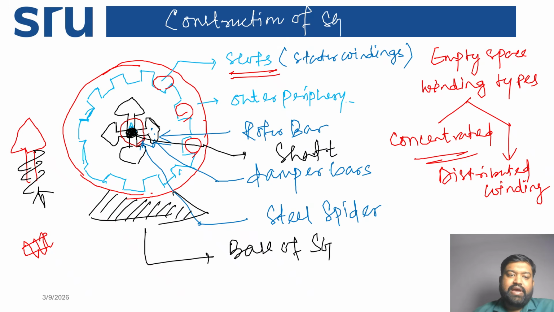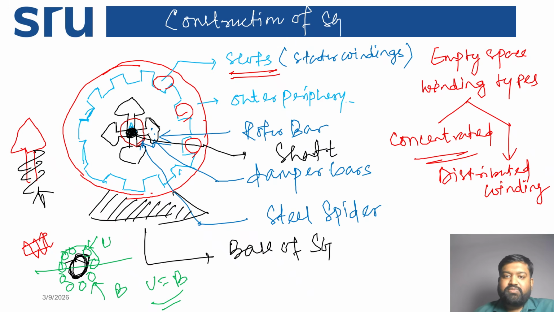If I say distributed winding, the circular rotor is like this, and you place the conductors evenly distributed across it. That means if I draw one line, the number of conductors on the upper side and the lower side are equal.